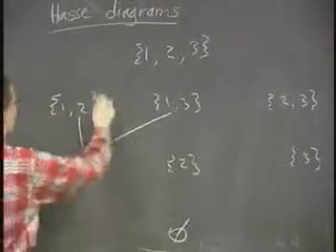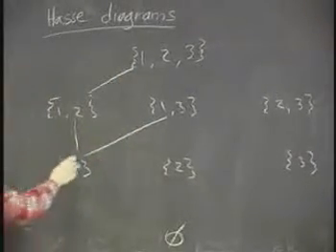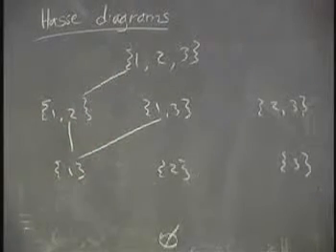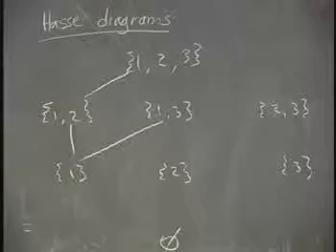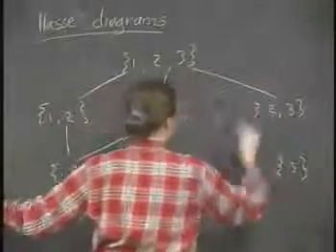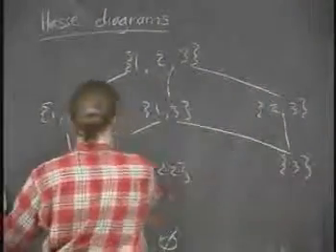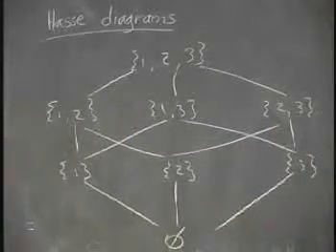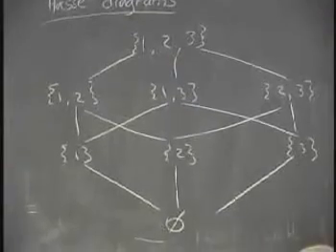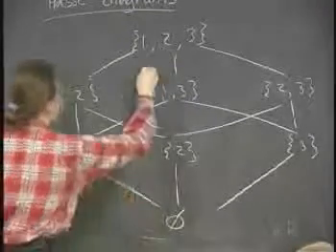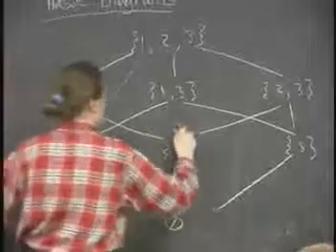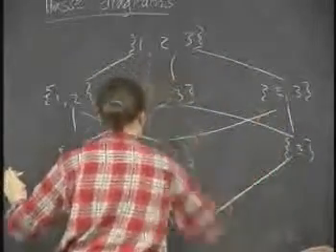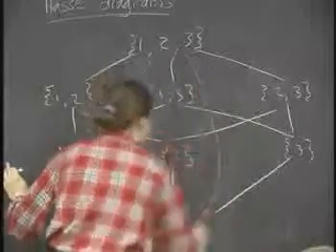And it's also a subset of {1, 2, 3}, but that is sort of implied by the fact that it's a subset of this and this is a subset of that. So I don't include all of the lines, I just include the minimal ones to make this complete. Now, which ones would be the transitive lines? So the transitive lines would be things like this, this, this, this, this, this, and this.